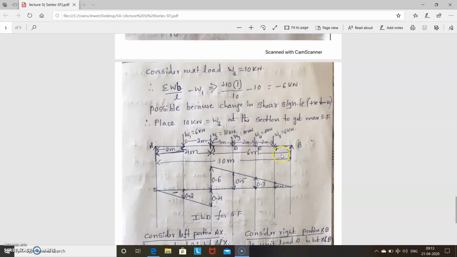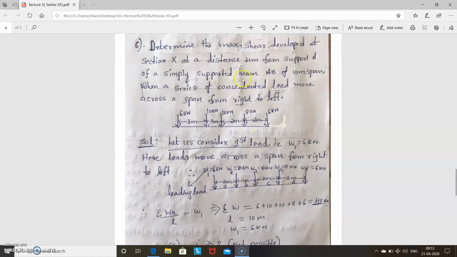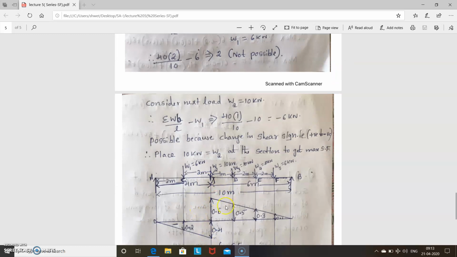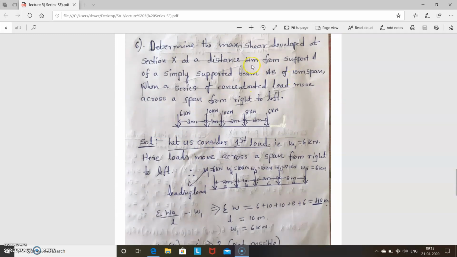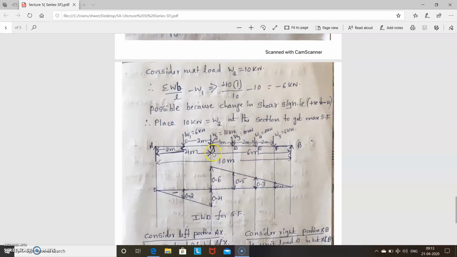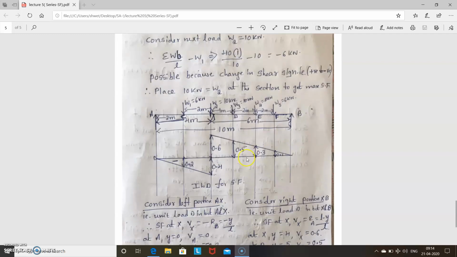So now draw the diagram. Simply supported beam AB of span 10 meters. The section is located at a distance of 4 meters from support A, so XB is 10 minus 4, which is 6 meters.